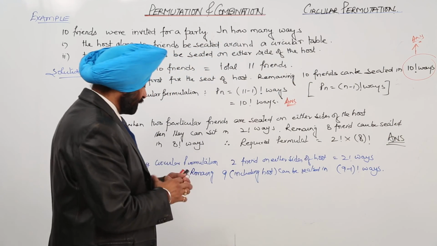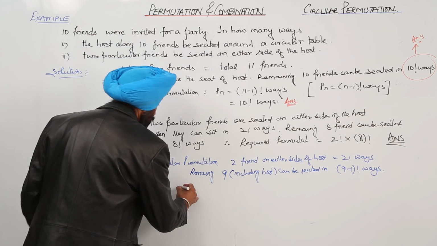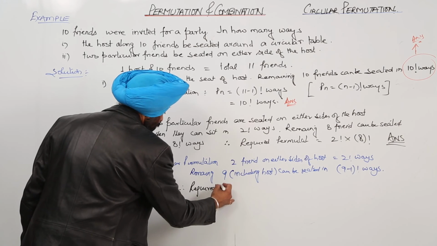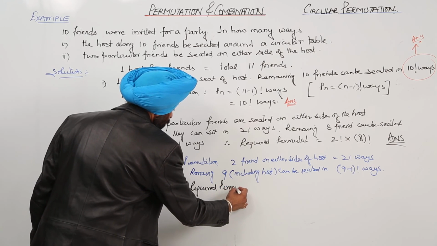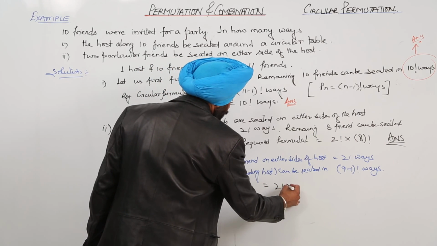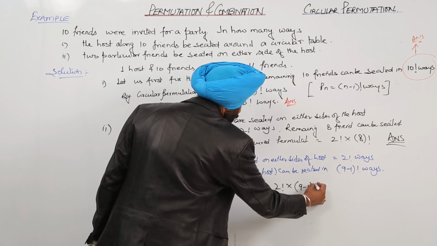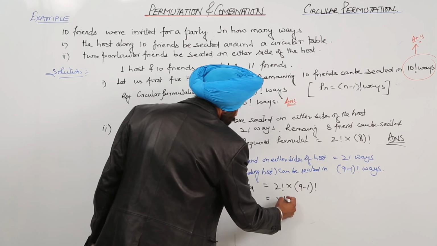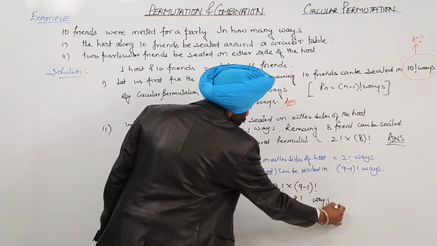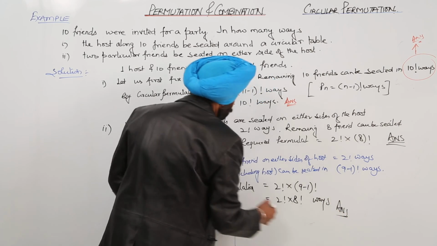Then the required permutation is equal to 2 factorial times (9 minus 1) factorial, which is 2 factorial times 8 factorial. This is the answer.